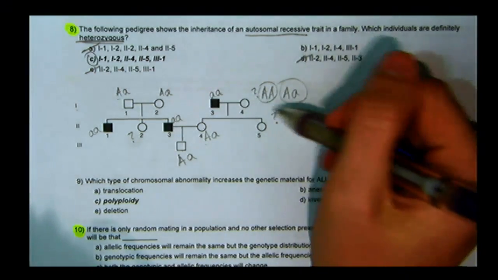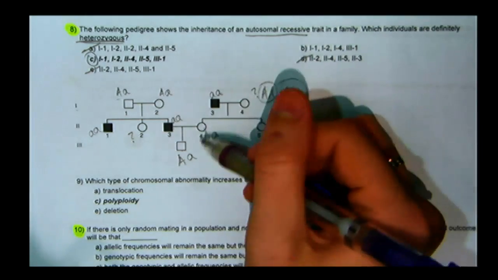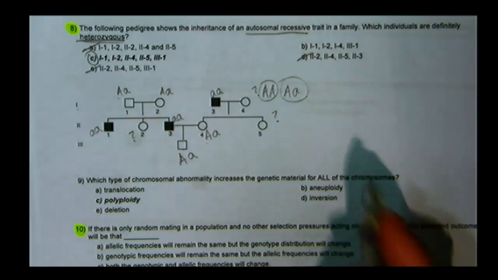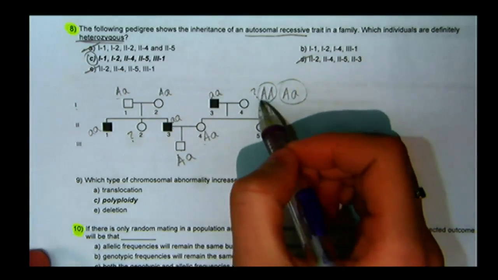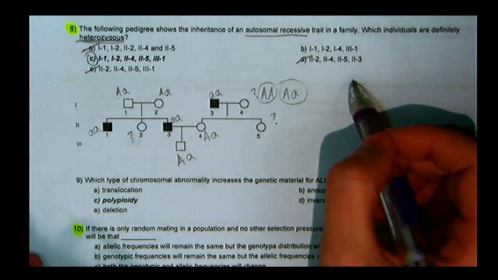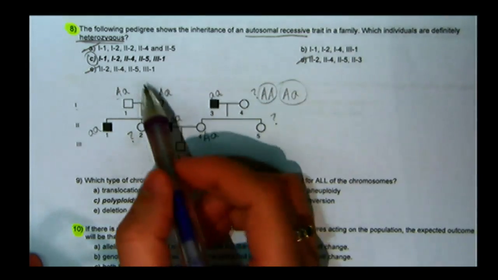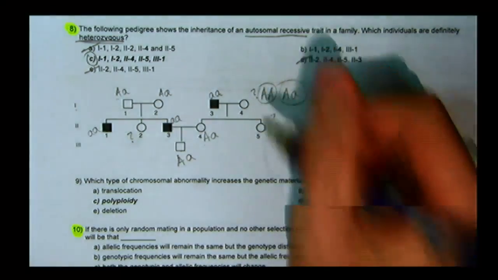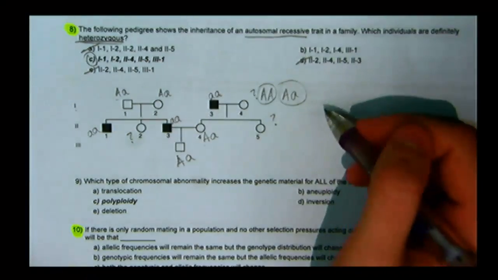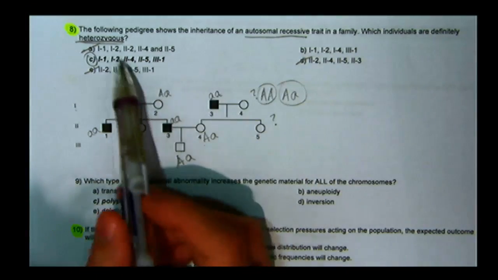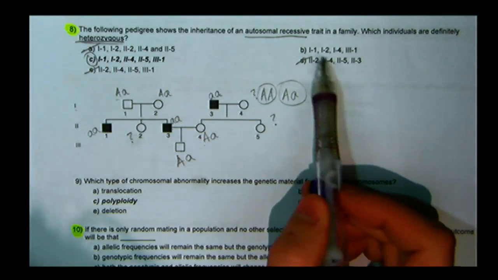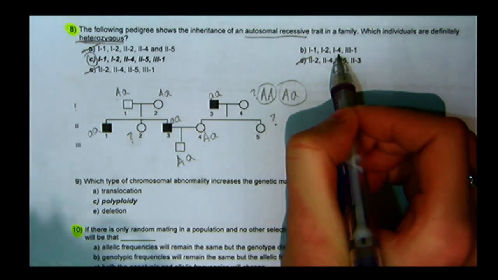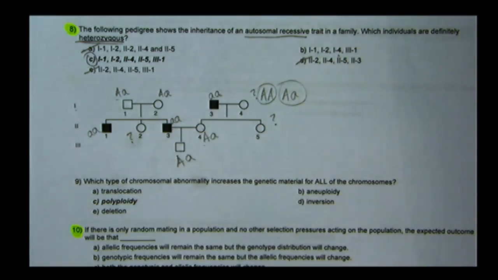It was big A, big A. I guess you just have to go under the assumption here. Because if you look back, I don't think you have any answer choices that involve 1 and 4. So if that was the case, then you'd have to go with your next best guess. So it's from elimination here what your answer choices are. I don't think she gave you the option of 1, 4 being correct. Oh yeah, she does right here. But it doesn't include the other people that are necessary. So you need to have the best option here because pedigrees do involve a lot of assumptions and guessing.